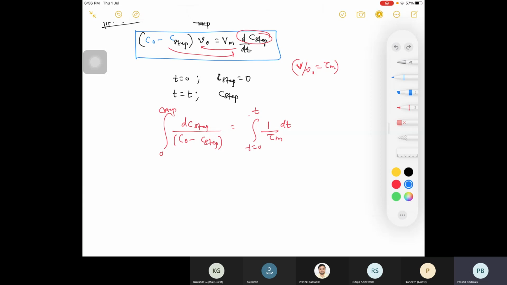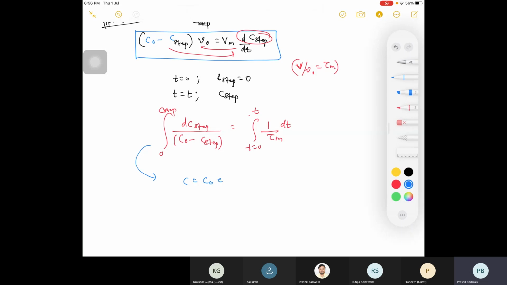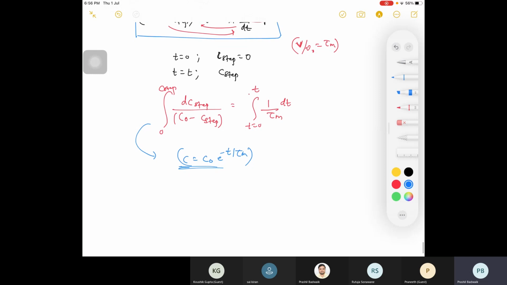So that equation will be similar to your batch reactor equation, first order reaction. C is equal to C naught e to the power minus t by tau m, except there will be some extra term. C naught minus C step is equal to C naught e to the power minus t by tau m. This kind of equation you will get.